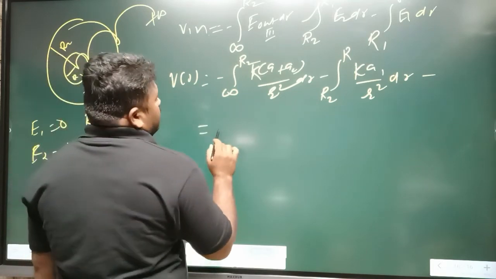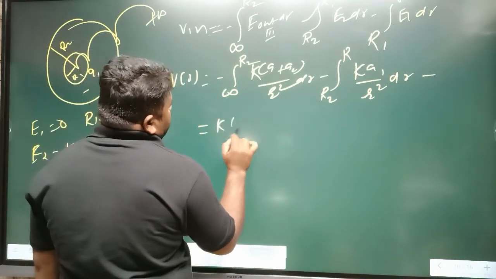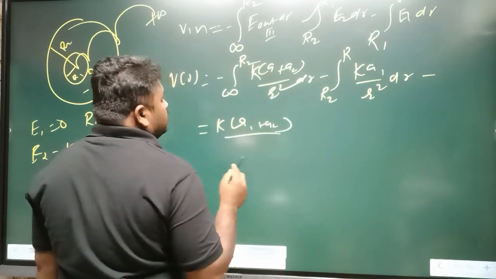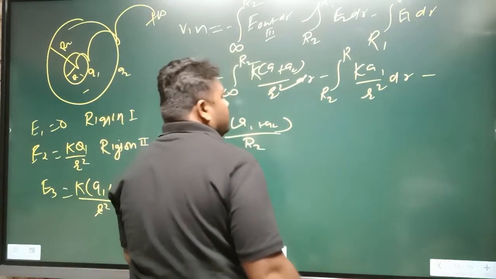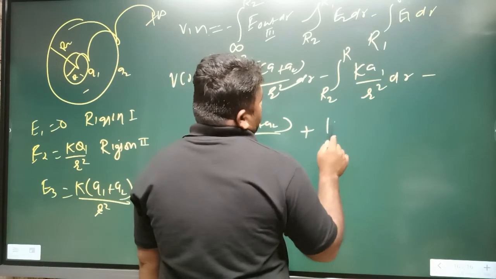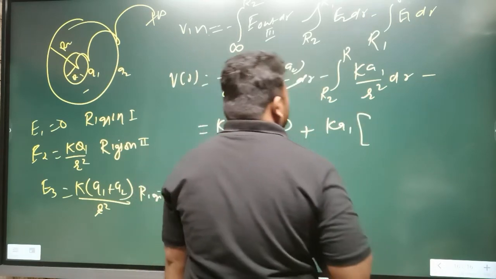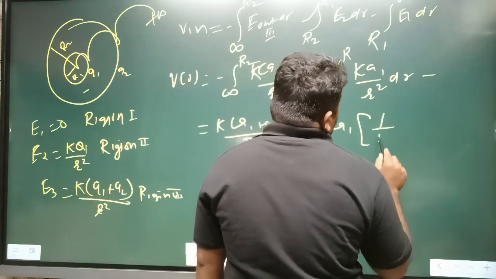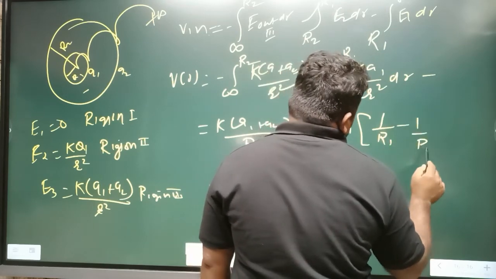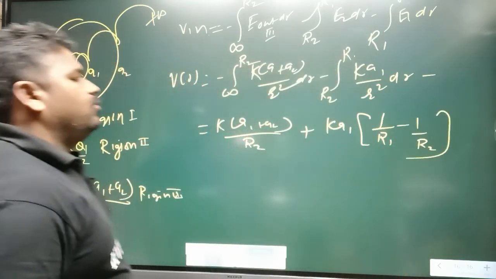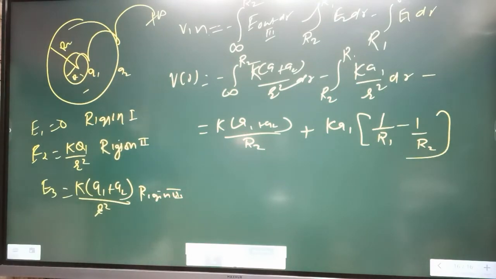Yes, minus K Q1 plus Q2 upon R2, plus KQ1 times 1 upon R1 minus 1 upon R2. Yes or no?